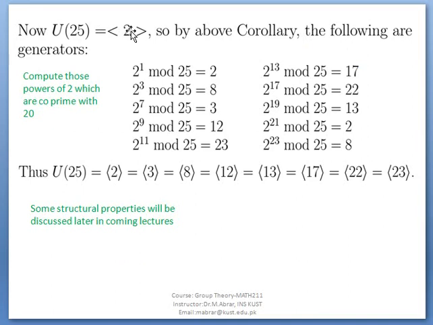So what we have to do is compute all the powers of 2, but only those powers which are co-prime with 20. So we compute 2 raised to 1, 3, 7, 9, 11 and up to 23. And then simple calculations show that we will get 2, 8, 3, 12 and so on. So it means all these are generators.